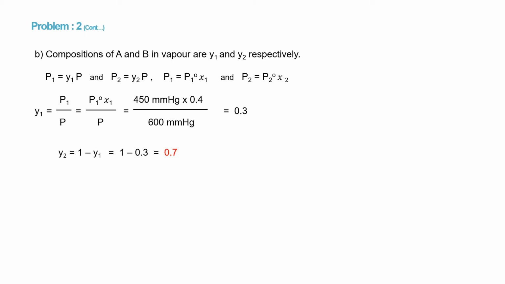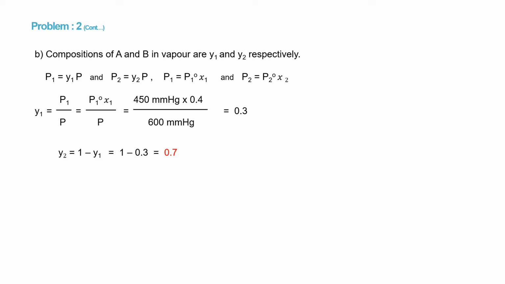So in this case, you have to find out the composition. For that, we write Y1 is equal to P1 upon P, which is equal to P01 into X1 upon P, which is equal to 450 into 0.4 upon 600, which is equal to 0.3.